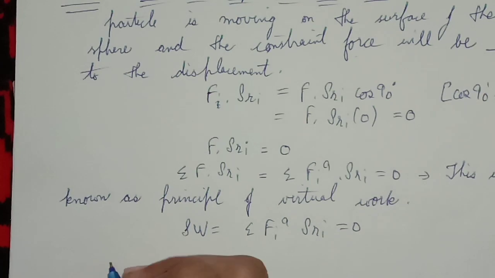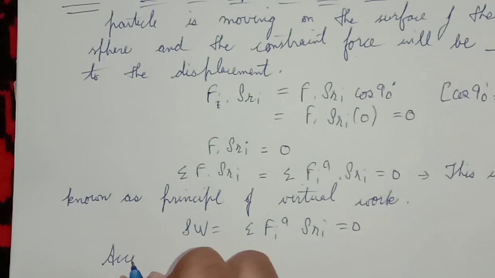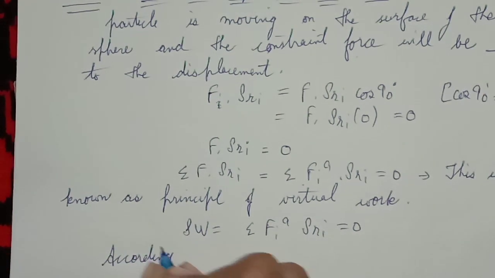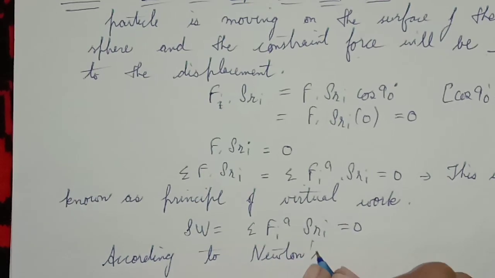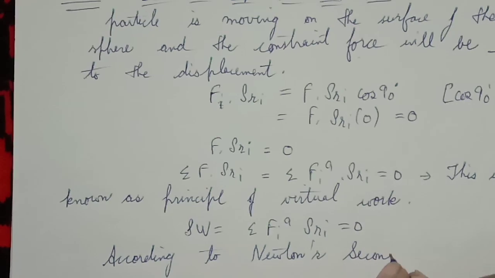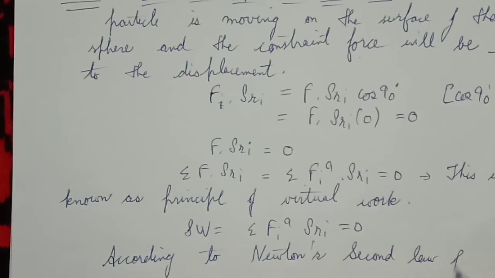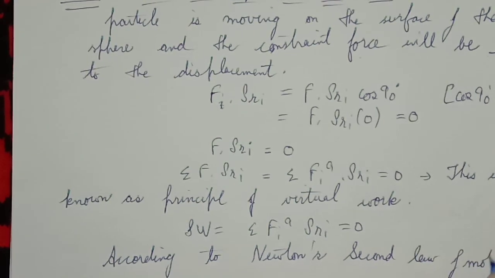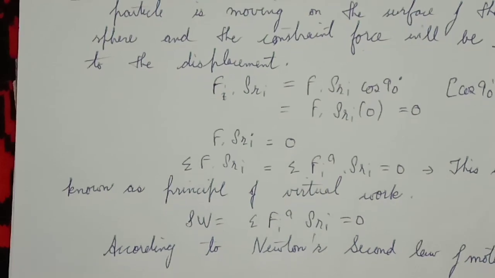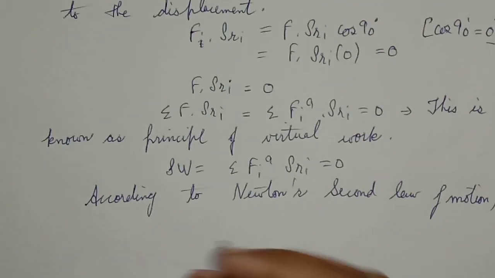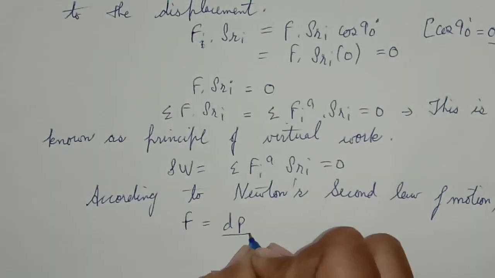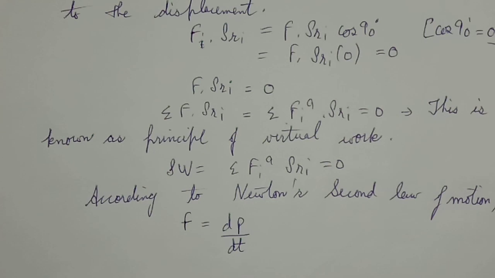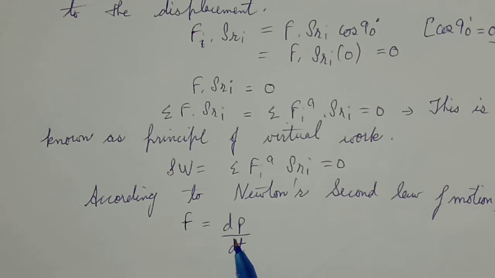Now, according to Newton's second law of motion, force is the change of momentum with respect to time, we can write F equals dp upon dt.